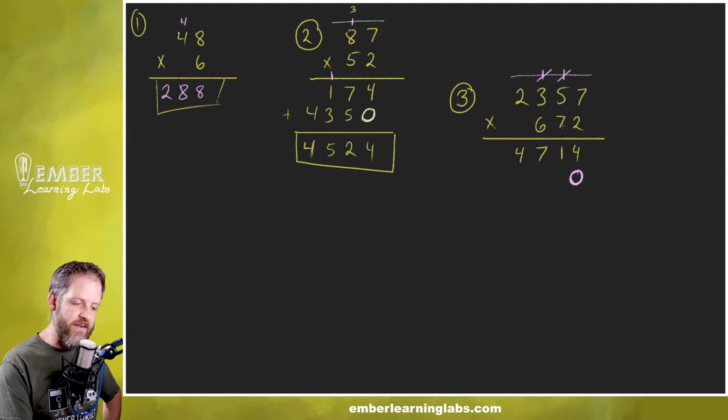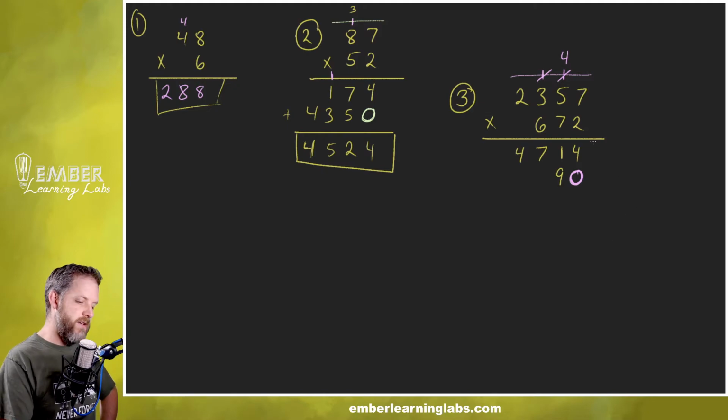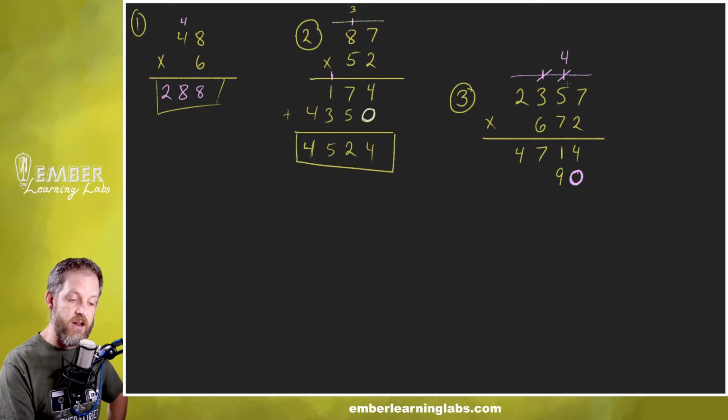So now we're at the 7. So 7 times 7 is, of course, 49. So we're going to put the 4 up here, and then we're going to put our 9 down here. 7 times 5 is 35 plus this 4. 35 plus 4 is 39.